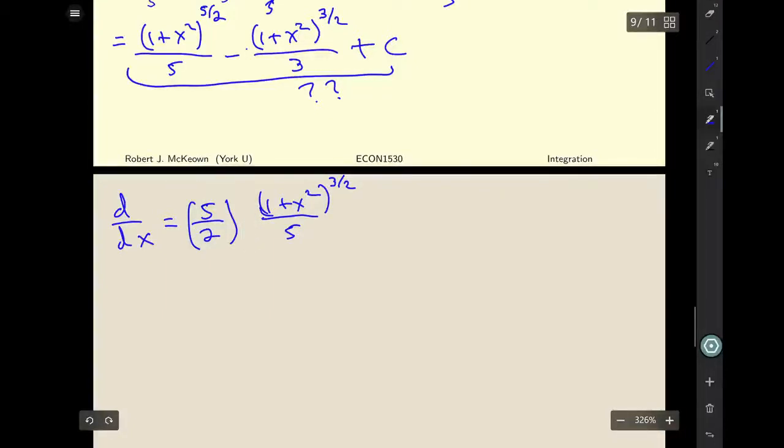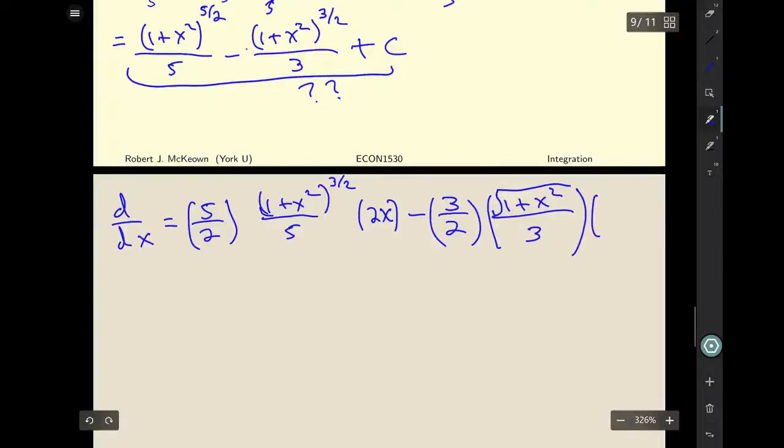And what else am I going to do? I am going to take the derivative of the inside. That's going to be 2x. And I've completed the first term. Now I'm moving on to the second term. I've got 3 over 2 times the square root of 1 plus x squared, over 3, multiplied by 2x.